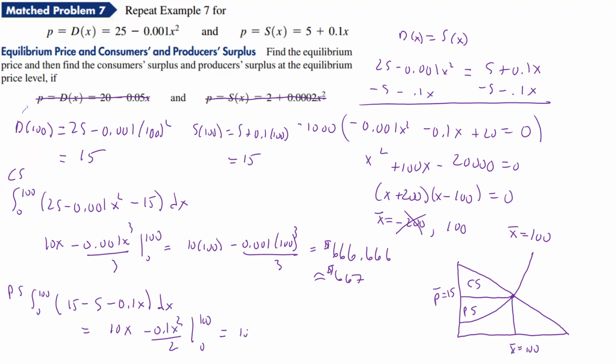So that's 10 times 100 minus 0.1 times 100 squared divided by 2, which is 1,000 minus 500. That gives us an even $500, and that's the producer surplus, whereas the other is our consumer surplus.